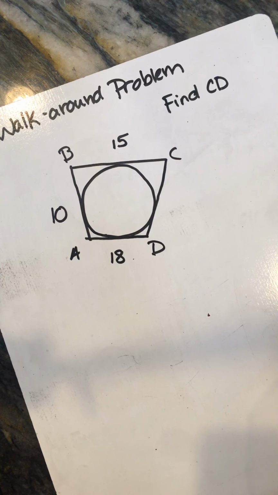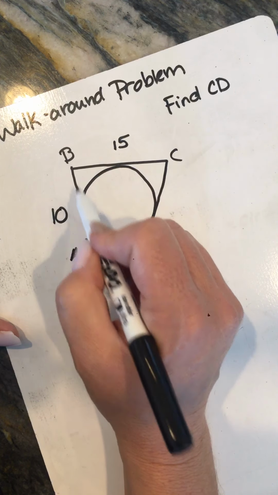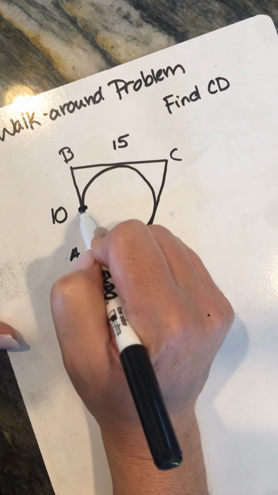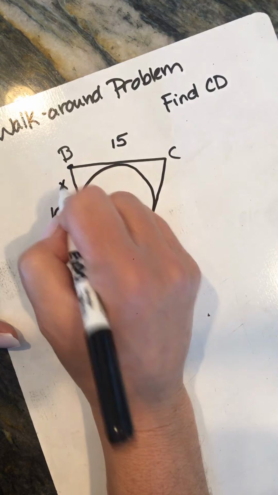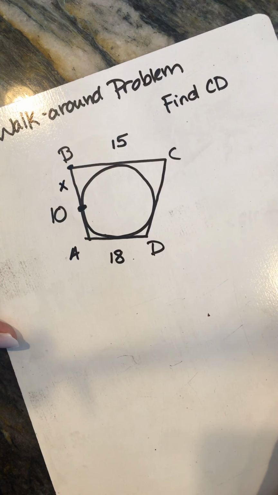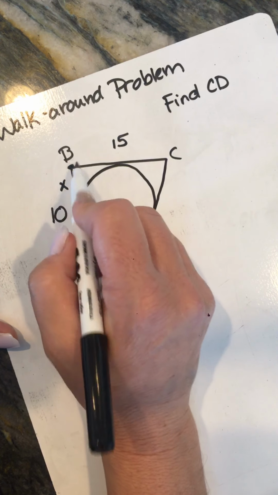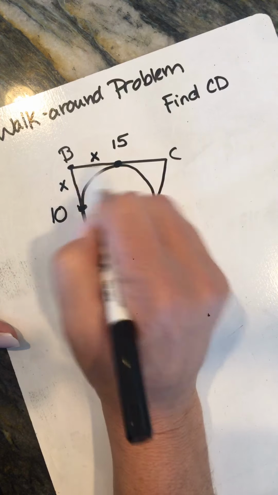All right, so we're going to walk around the problem. You're going to start with one of the sides that you know. So we know AB, and you're going to take a piece of it. From the point of tangency out to the corner, we're going to call that x. And we're going to apply the two tangent theorem. If this is x, then B to the point of tangency is also x because they're congruent, two tangent theorem.